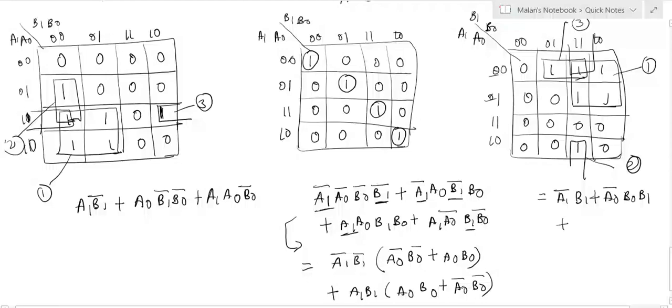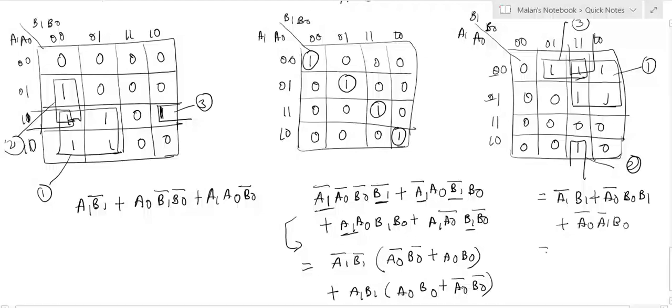For group number 3, horizontally it is A0 bar, A1 bar, and vertically it is the common variable B0.